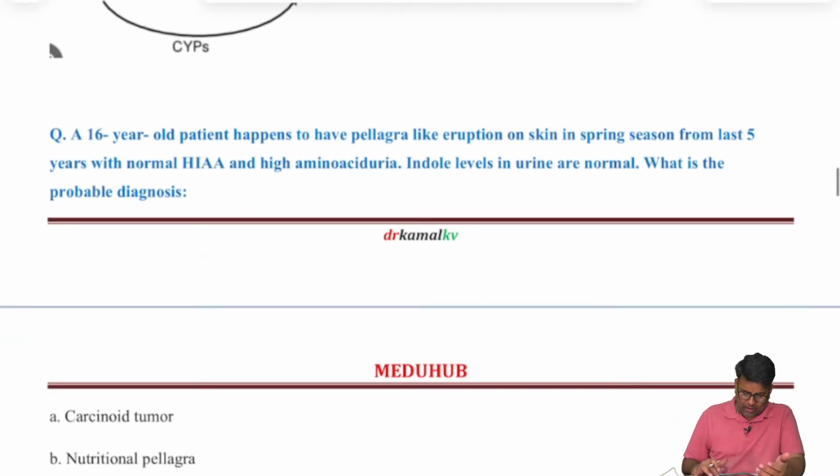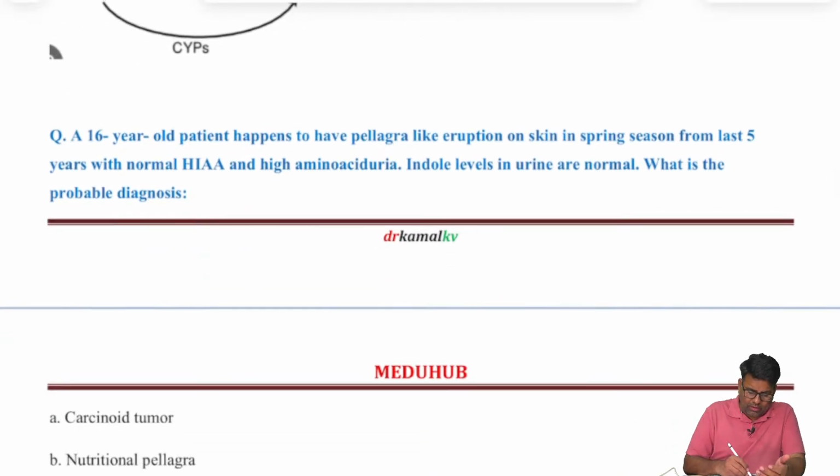Now, another question: a young patient has pellagra-like eruptions over the skin, with normal hydroxyindolic acid, high amino aciduria, and indole levels in urine are also normal. What could be the diagnosis here?